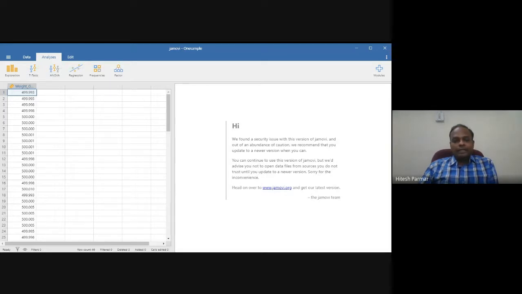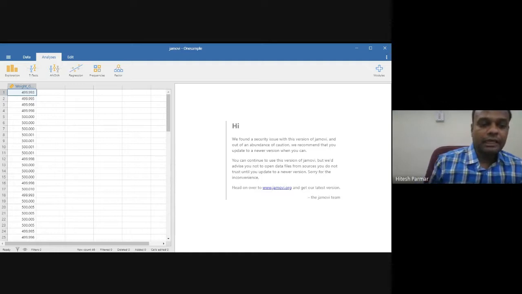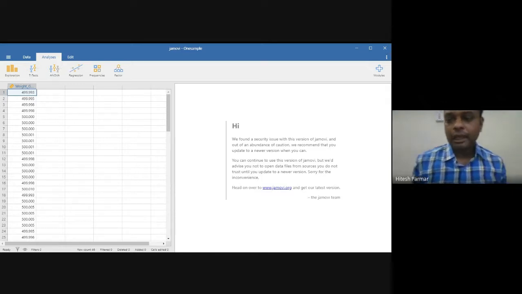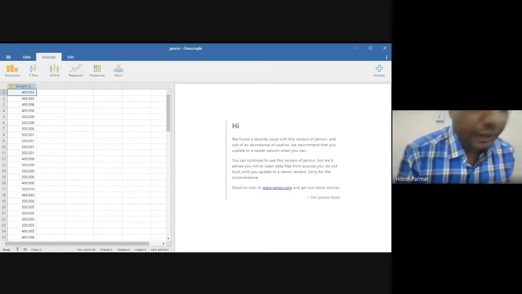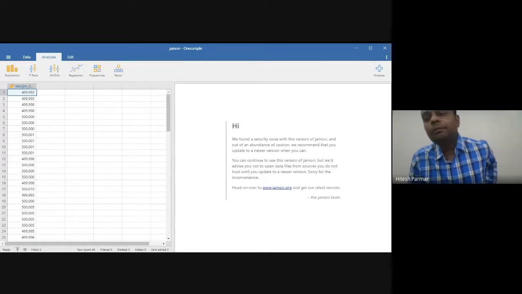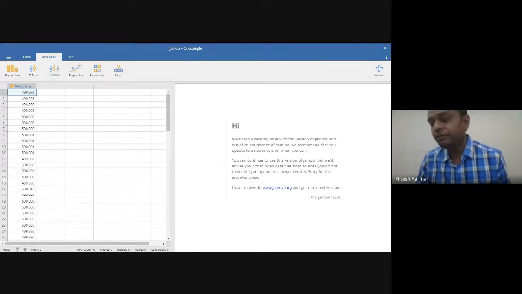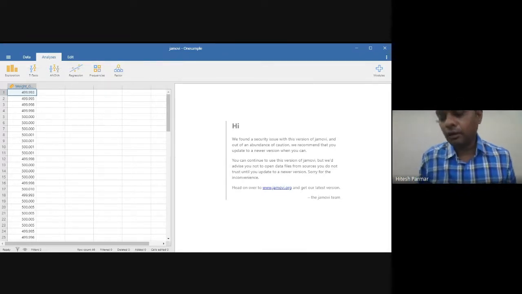In this case, there is a manufacturing organization and the standard weight of the product is 500 gram. So we collected some samples randomly and then we measure their weight. And our objective is whether the sample mean is significantly different from 500 gram or not.